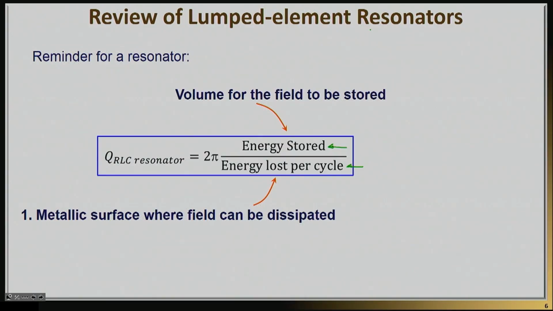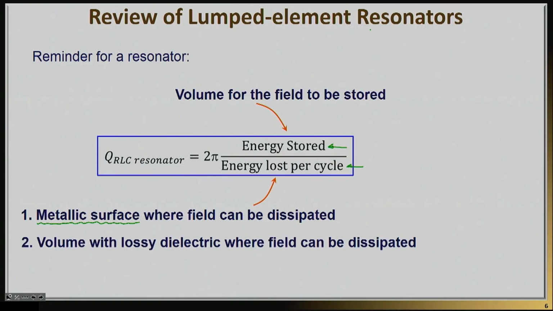Where do you lose energy? So first of all, you lose power by consuming it as heat in the metal parts of the resonator. So ohmic losses is the number one reason for losing power. The second part is you may have a lossy dielectric. For example, the substrate is a lossy dielectric. So if you end up storing electric or magnetic field inside the substrate, then you will also lose energy in the substrate, and you will find out that you have a warm substrate.